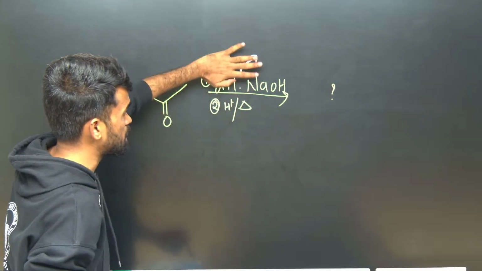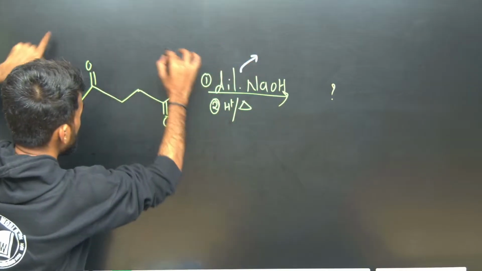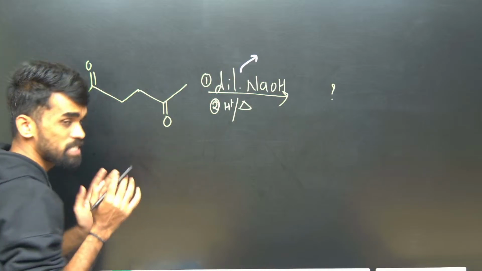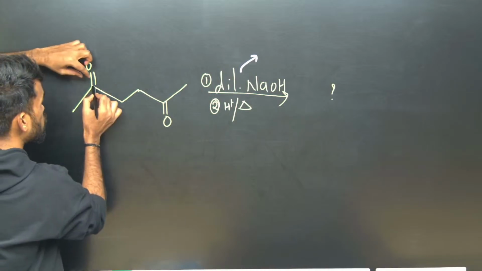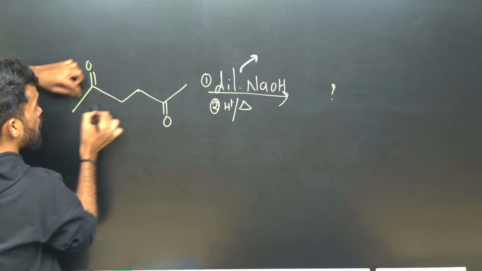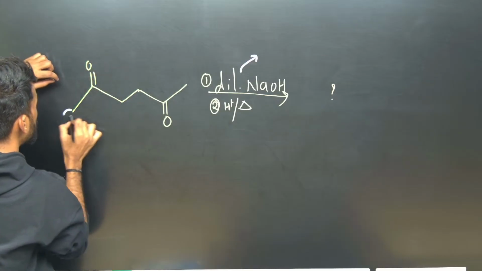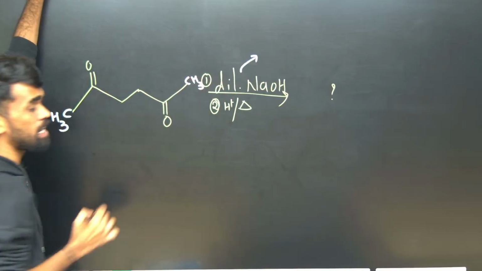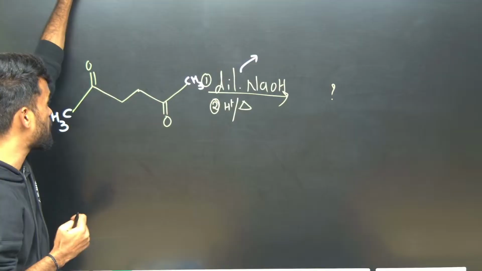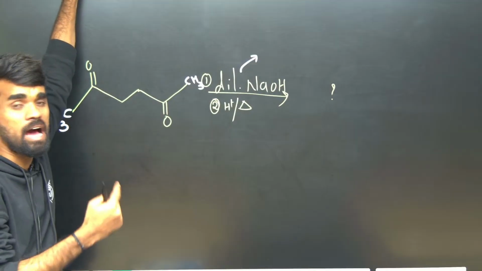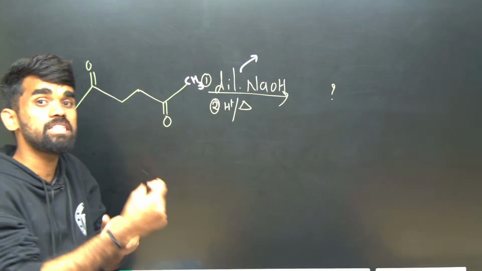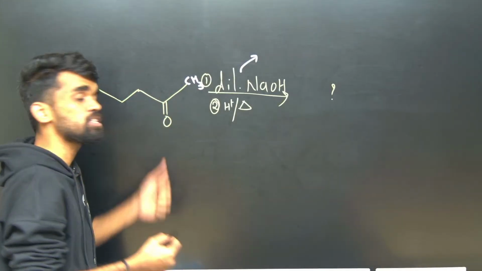Now by considering it as a base, consider whether any acidic proton is present. Yes, there are acidic protons. Which are acidic protons? The alpha carbons of the carbonyl group. If any alpha hydrogens are present, those hydrogens are considered acidic, because after removing that proton from the alpha position, the anion can be stabilized by conjugation with the carbonyl group.